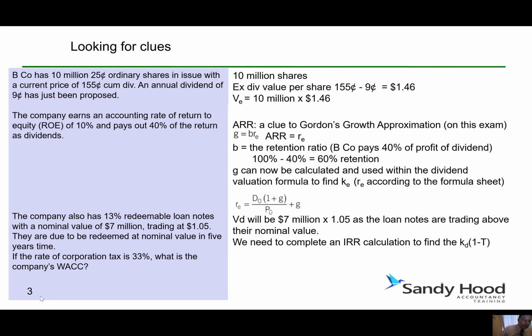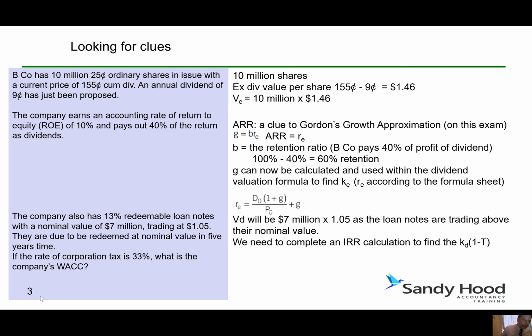So we can use that to work out g, and once we've done that, we can fit it into the dividend valuation formula in order to find out the cost of equity, which in your sheet is called RE as well, but this is a different RE, I'm sorry to say. And this would equate to the cost of equity that would appear in your weighted average cost of capital calculation.